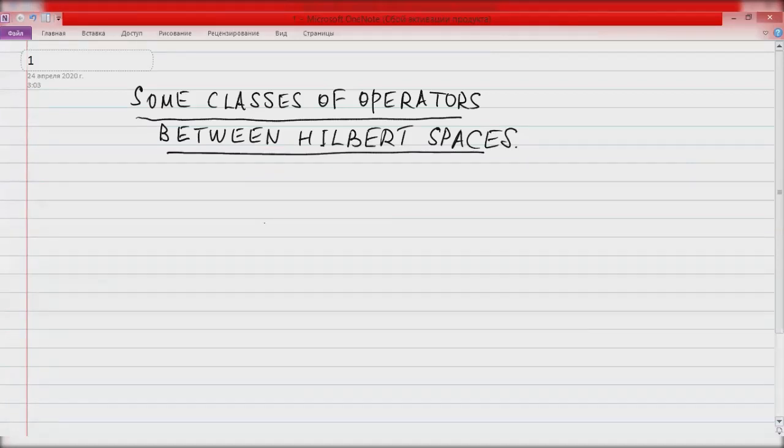Specifically, we are going to discuss some geometric properties of linear operators, and then to characterize such geometric properties in algebraic terms. So let's start with isometries.